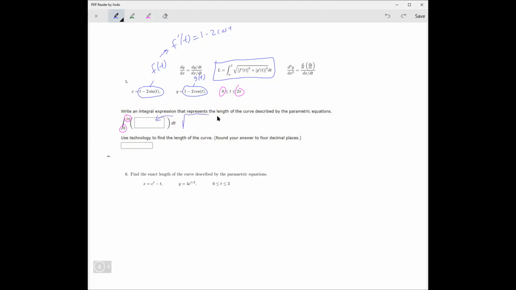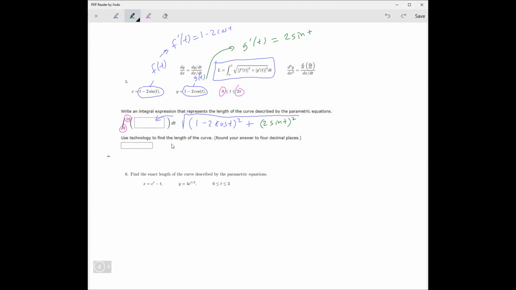Okay, so what goes in there is going to be this squared plus g prime of t, and we'll do that here. Derivative of this is 2. Derivative of cosine is negative sine, and derivative of this is 0. So that's going to be positive 2 sine t. Okay, so that's what goes there.